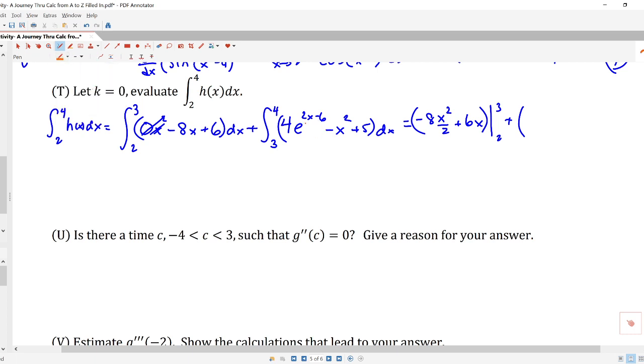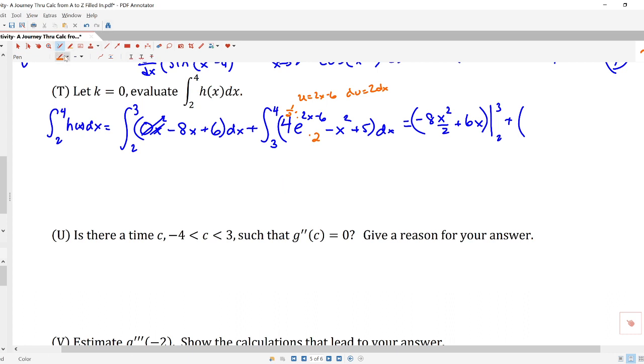In order to integrate that, this is that u, if you will. So up here, u is 2x minus 6. So du is going to be 2 dx. So I do need a times 2, which means I also need a times 1/2. So we'll just put that right up here, times 1/2.